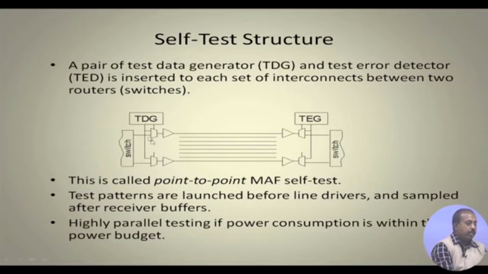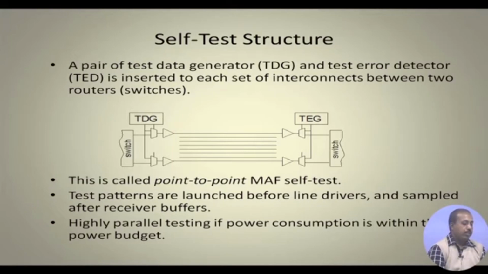But in the test mode, the test data generator will generate some test data and that will come to this line. This way the pair of TDG and TEG can be used for applying test patterns to the links. This is called a point to point maximum aggressor fault self test structure.